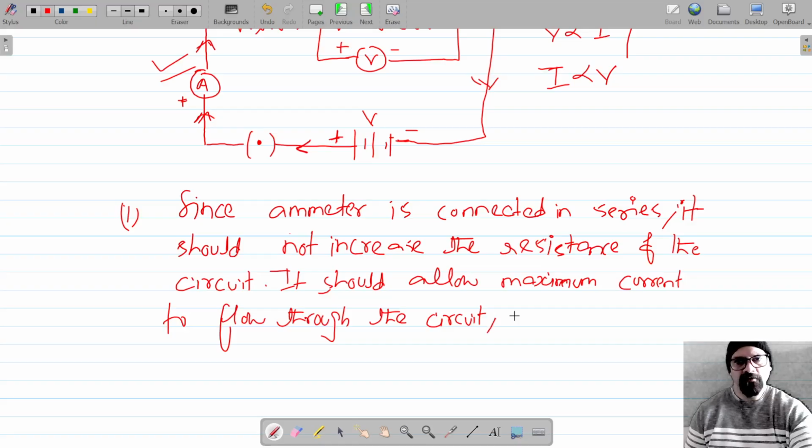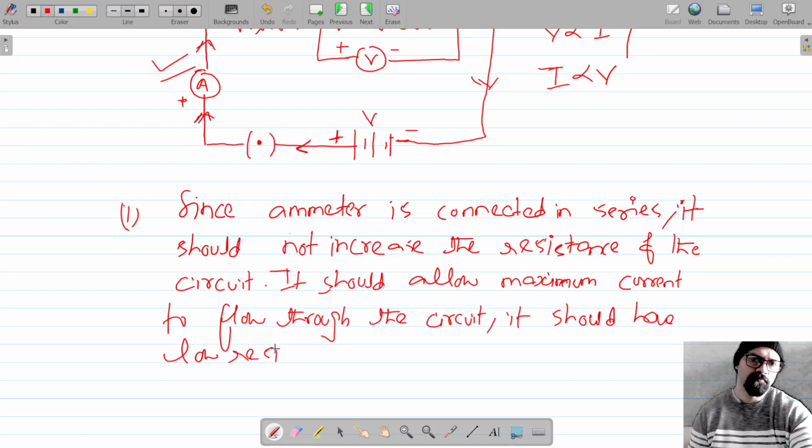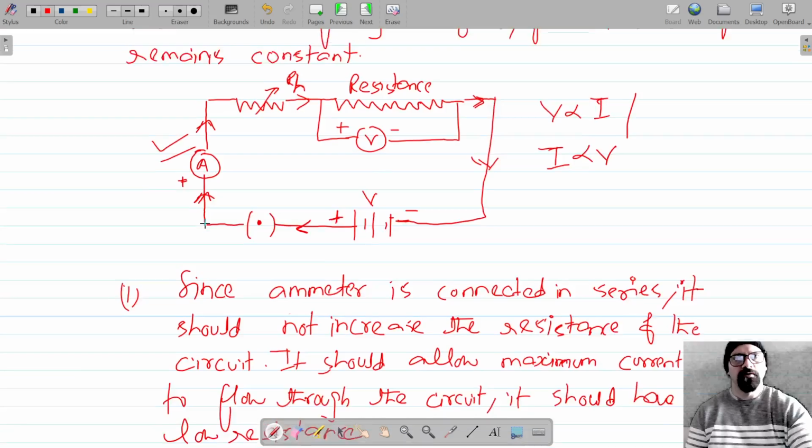So ideally it should have low resistance or zero resistance. Okay, this is the reason.